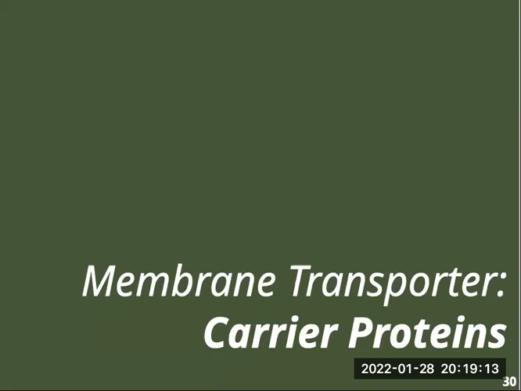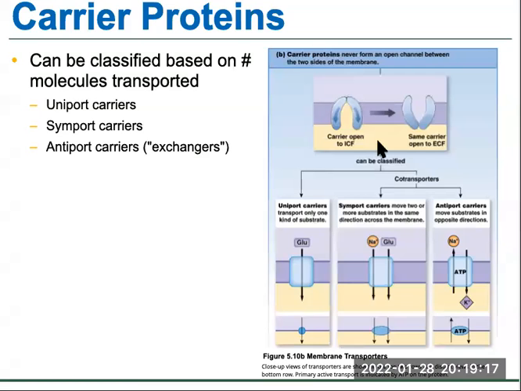Moving on to carrier proteins. The second type of transport protein is the carrier protein. Carrier proteins bind with specific substrates and carry them across the membrane by changing their conformation.